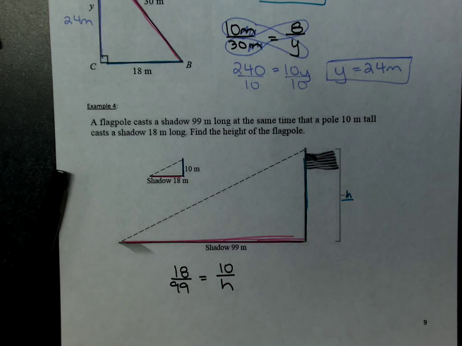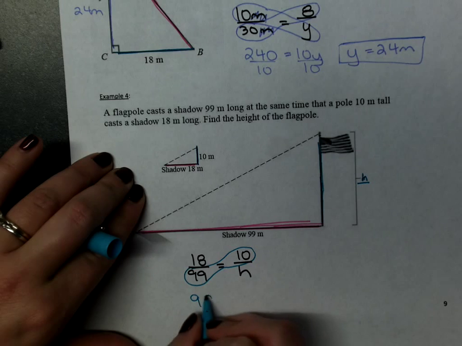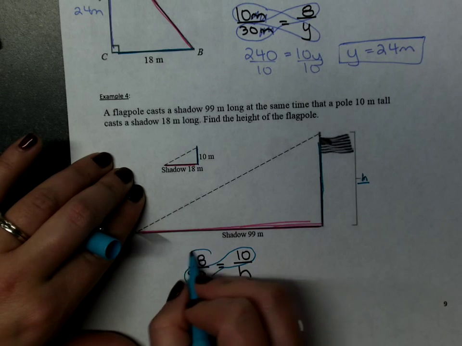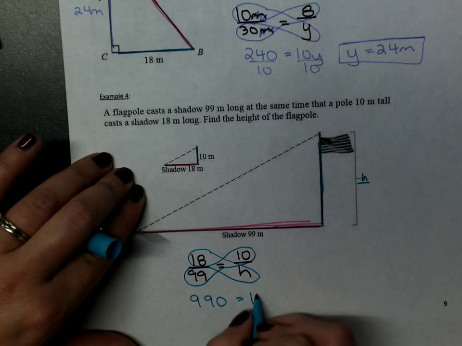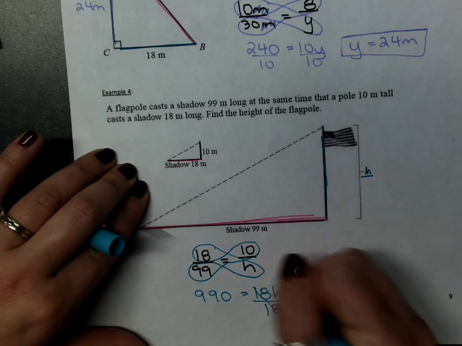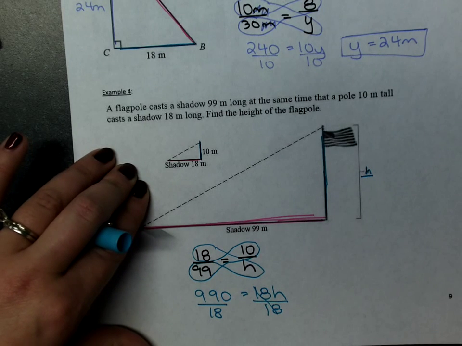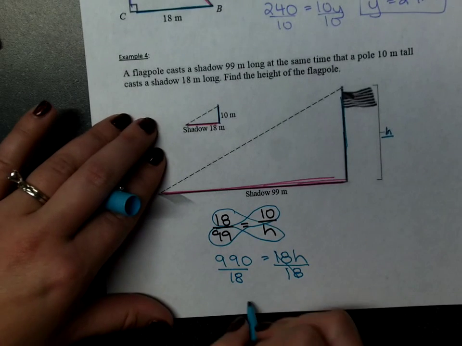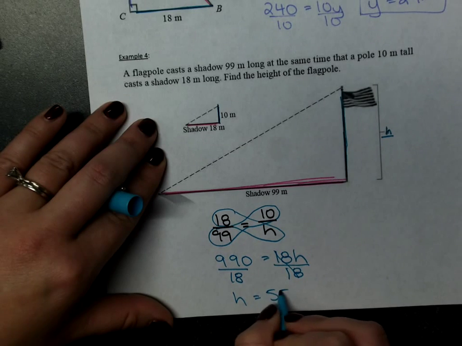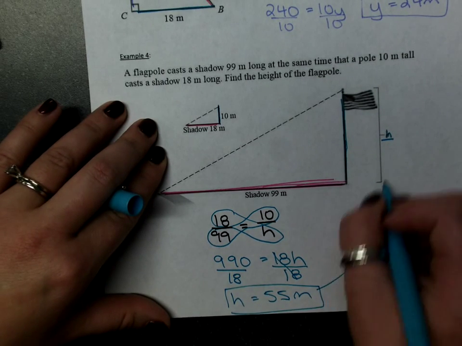And then we cross multiply. 99 times 10 is 990 equals 18 times h. And then divide by 18. 990 divided by 18. H equals 55 meters tall. So that's the height of the flagpole.